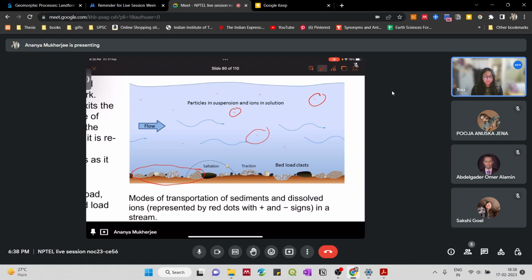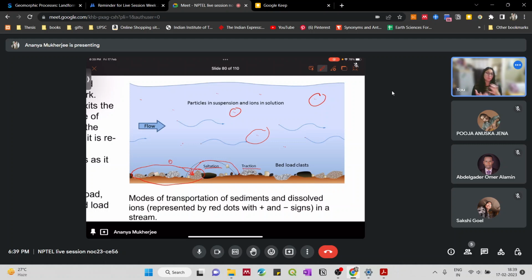Over here you can see saltation and traction. These are the modes of transportation of heavier sediments along the channel bed. Saltation is where a smaller kind of sediment gets bounced off from here, strikes here, bounces off again, and then falls somewhere where it finds a place when the water is flowing.